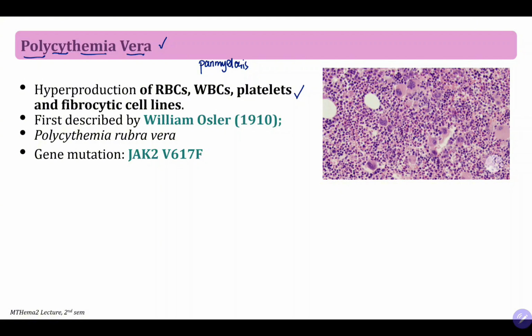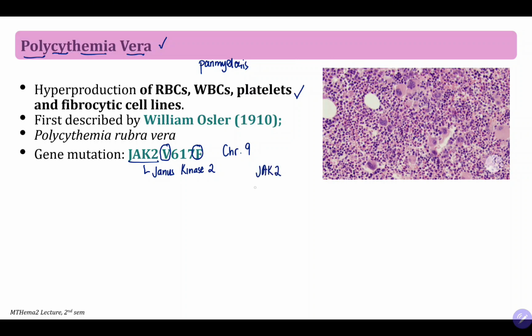Now, this is primarily due to a JAK2 gene mutation. Your JAK2 stands for Janus kinase 2. Specifically, a valine to phenylalanine substitution at the 617 position on chromosome 9. Okay, so kapag isusulat niyo yung gene mutation affected, pwede naman na JAK2 lang.